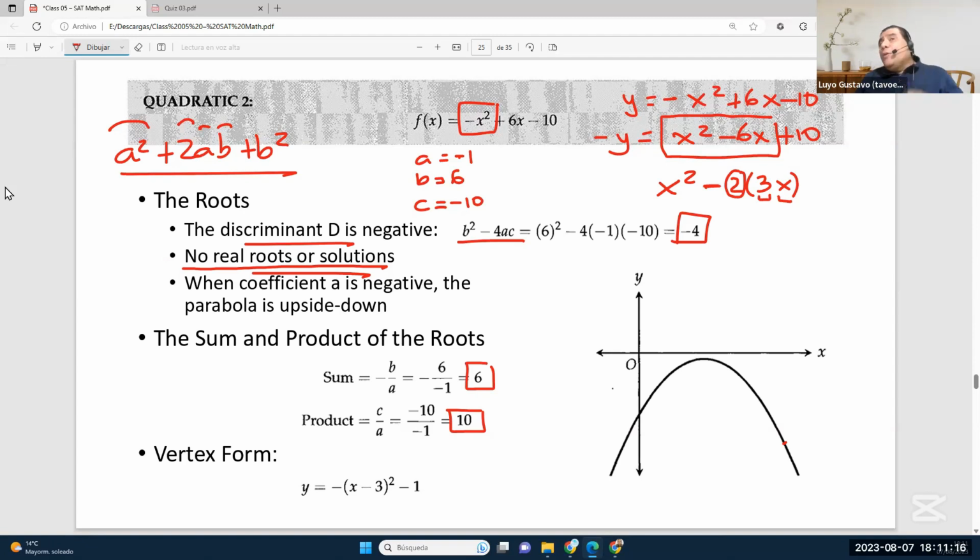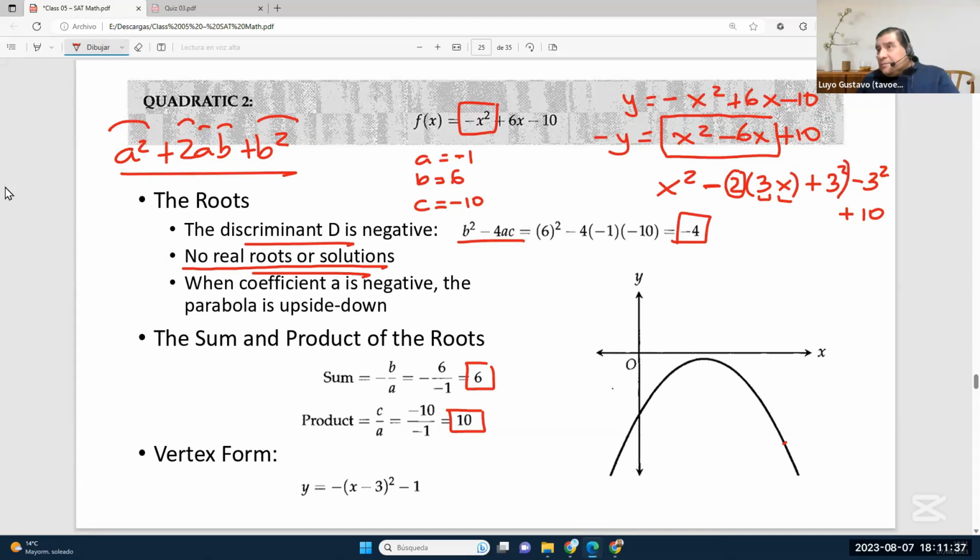So what I need to complete is the third term, the square of the second term, that would be plus 3 squared. But if I'm adding 3 squared, I need to subtract 3 squared. Otherwise, I will be changing the whole expression. I add and subtract, and here plus 10. So what next?